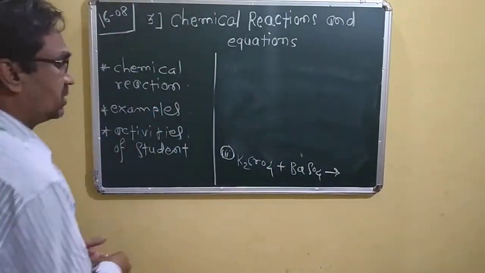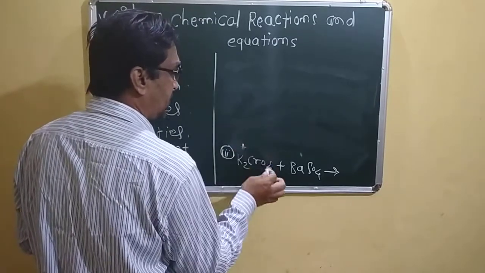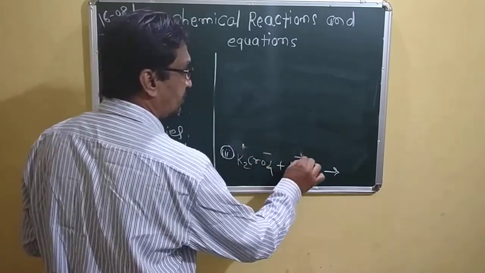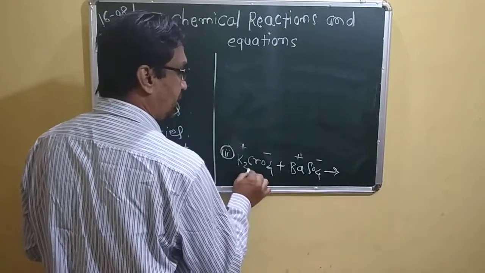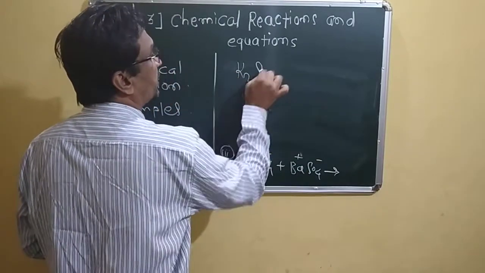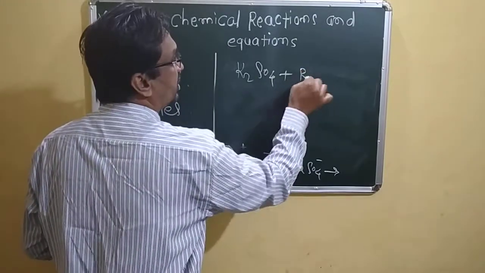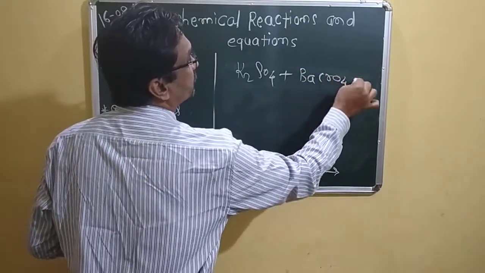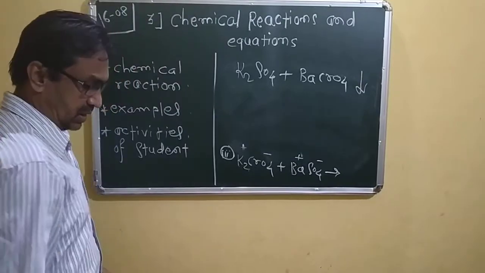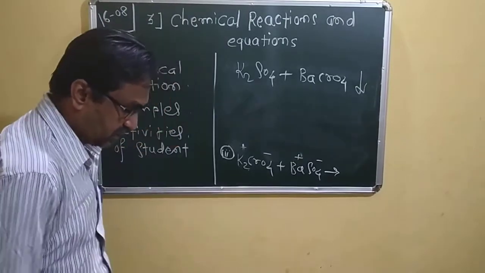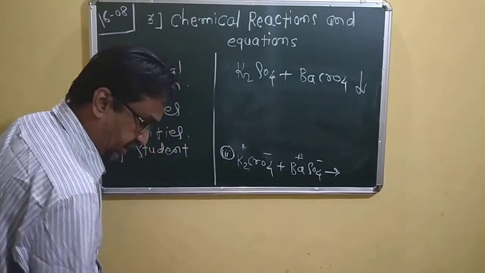What happens? K2 plus ion, this is negative, acidic and basic radicals. So K2SO4 plus BaCrO4. So what happens in this reaction?